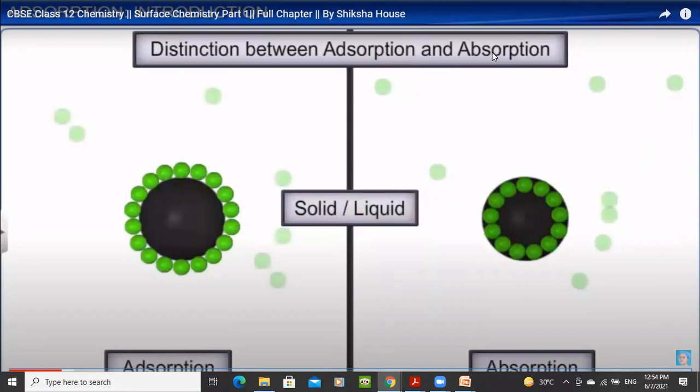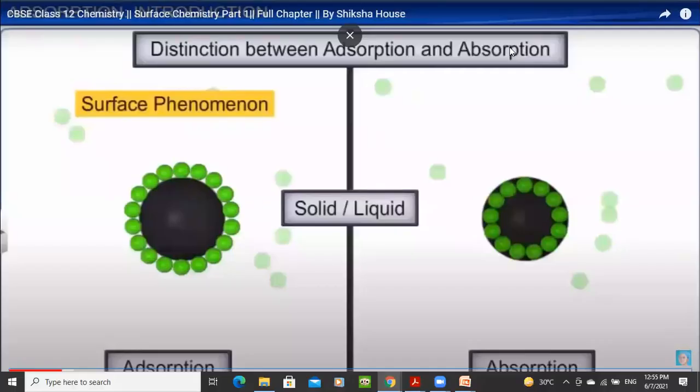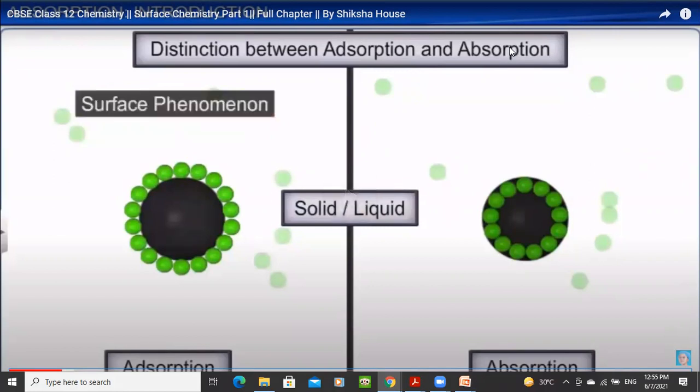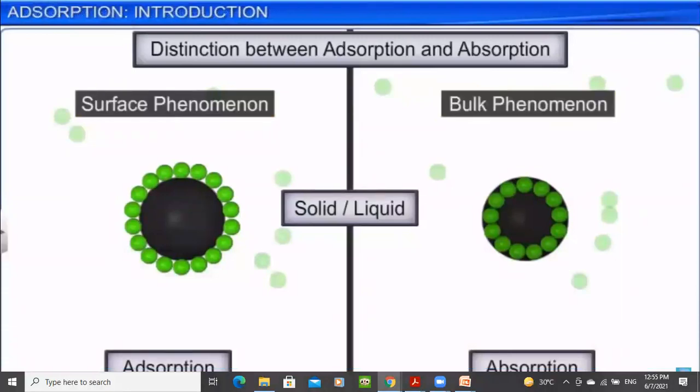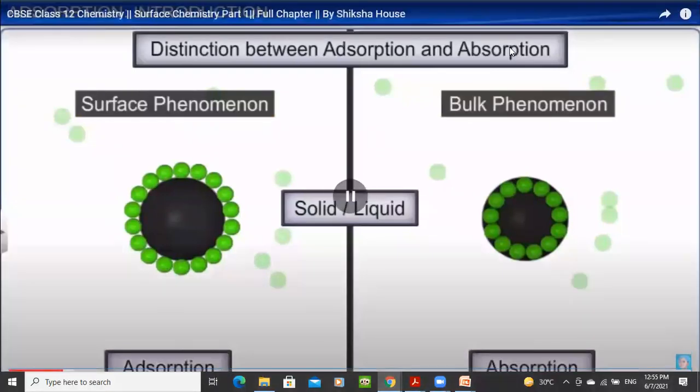Adsorption is a surface phenomenon, and in absorption, the things get absorbed into the bulk and are uniformly distributed inside it. In one word, adsorption is the surface phenomenon, but absorption is the bulk phenomenon because the particles distribute uniformly inside the bulk.